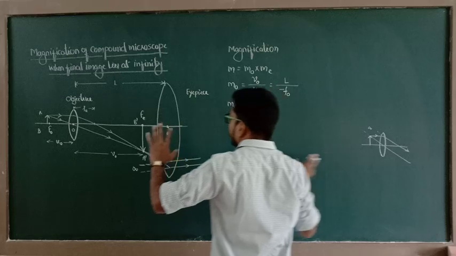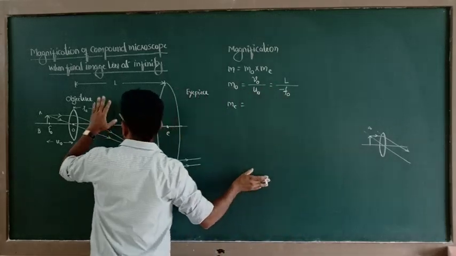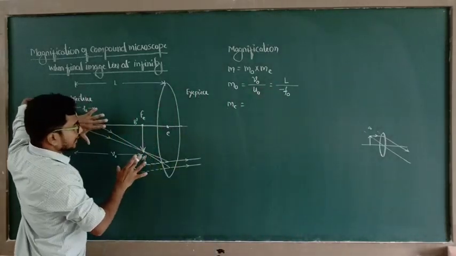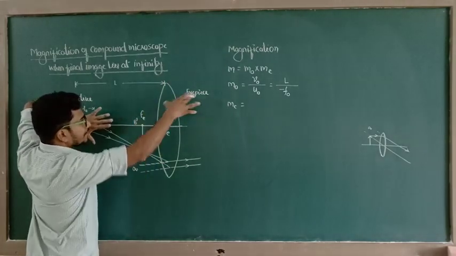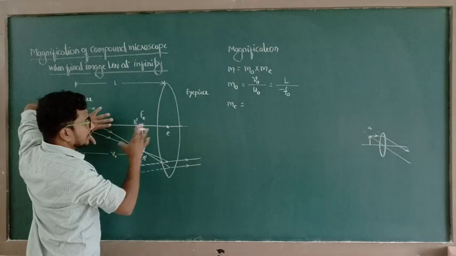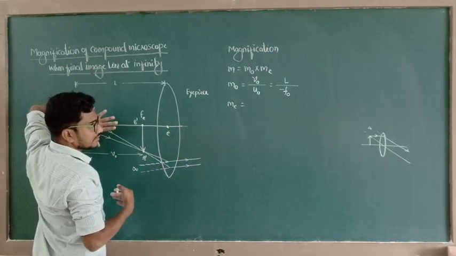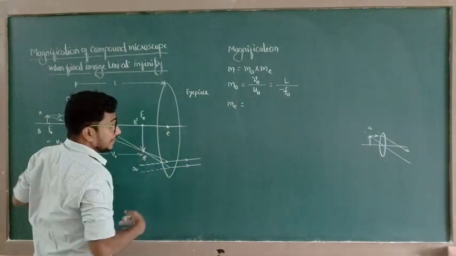Similarly, in the case of this combination, except for the objective, here A dash B dash acts as the object for the eyepiece and lies at the principal focus of the eyepiece, and hence the final image lies at infinity.